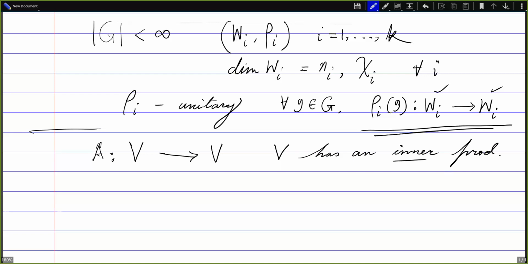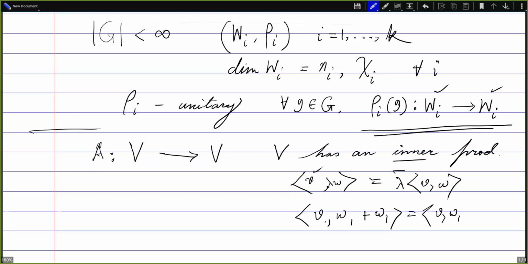What I mean by a Hermitian inner product is that it's a function which is linear in the first variable and semi-linear in the second variable. What it means is for each v, lambda w, it will be lambda conjugate (v, w). And for addition, it is the same: (v, w1 + w2) is (v, w1) + (v, w2).